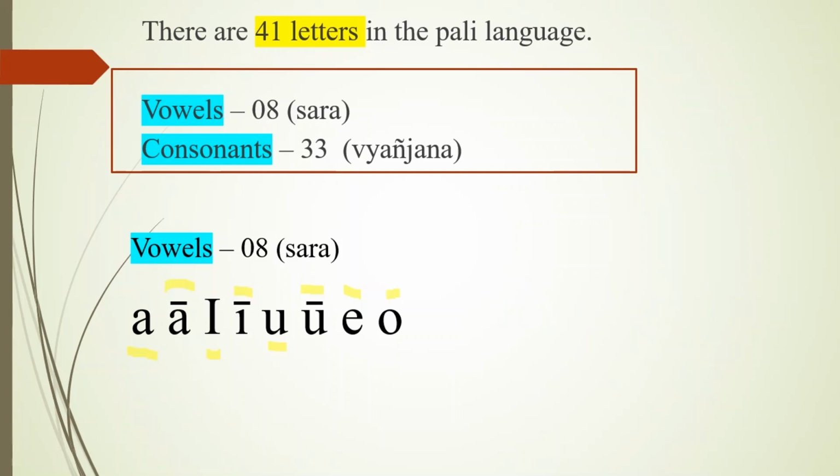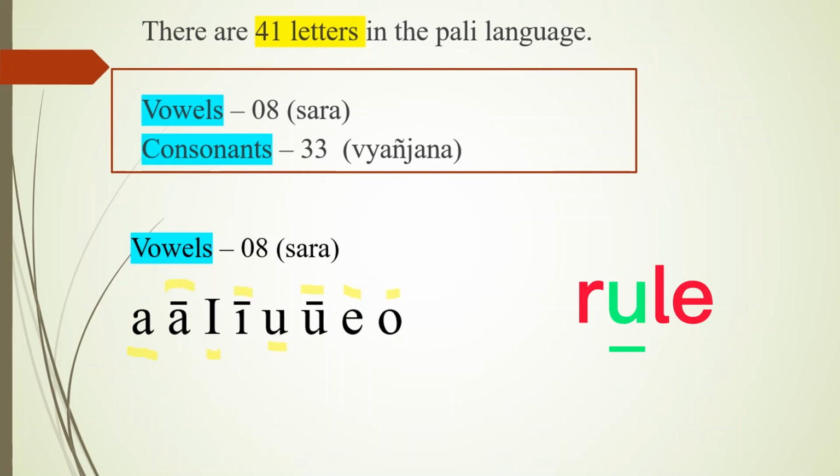U is pronounced like put, P-U-T, put. U is pronounced like rule, rule.